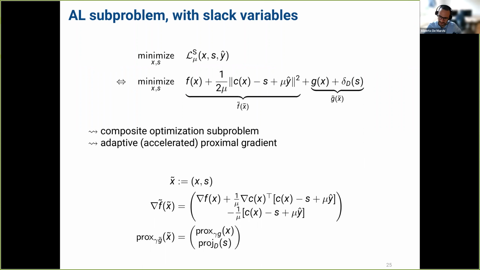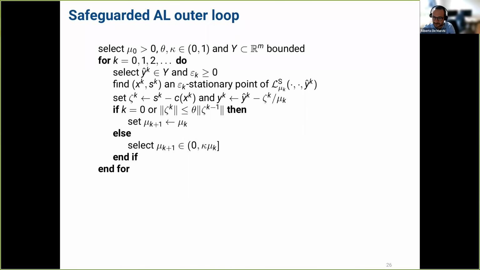And for the proximal operator of this g tilde, since g tilde is separable in x and s, the proximal operator of g tilde will just be the combination of the two. And this means that we can still evaluate efficiently this proximal mapping. Okay. So we know how to solve this subproblem. So we can just put it in the standard augmented Lagrangian scheme.